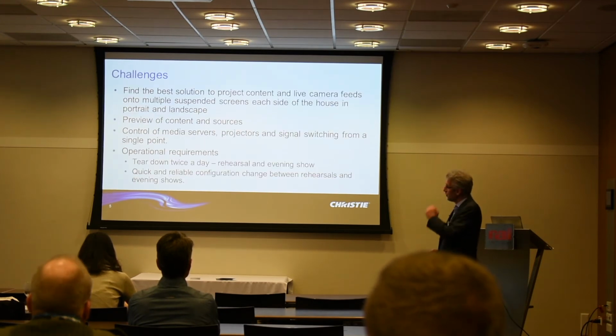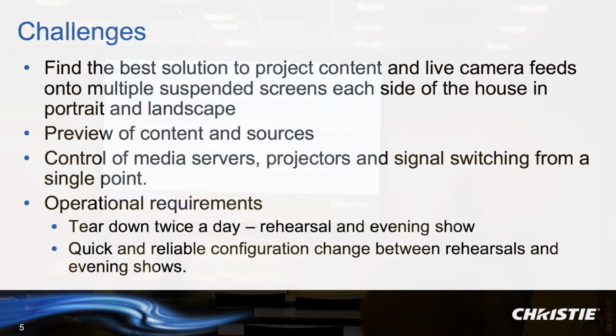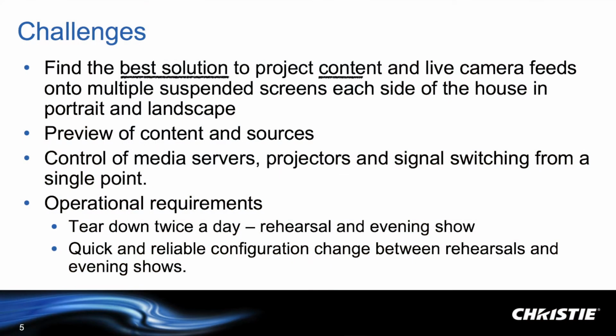So the biggest challenge for them was to find the best way to get the content either side of those balconies. As I said earlier on, they looked at flat panels and LEDs and projection. Projection was the solution that they went with simply because of simplicity and weight. They also needed to preview the cameras and the content coming out of the media servers.